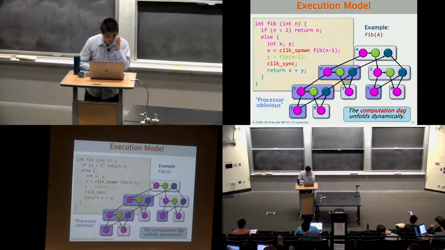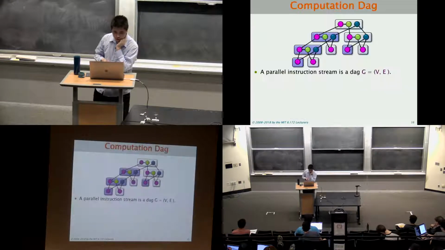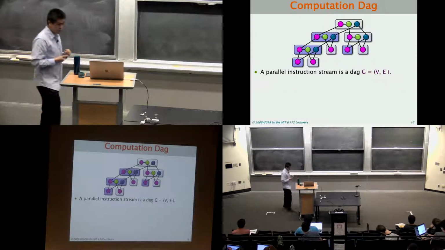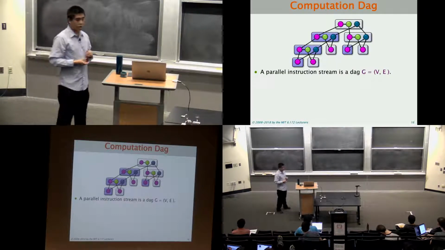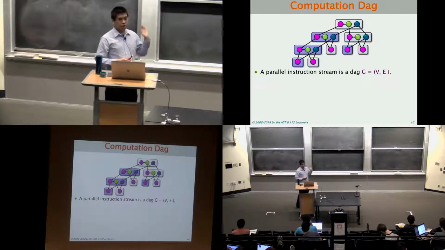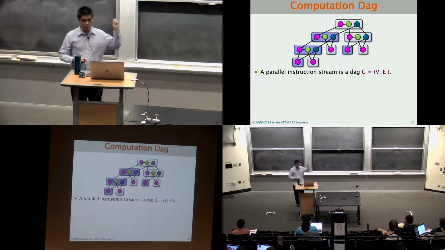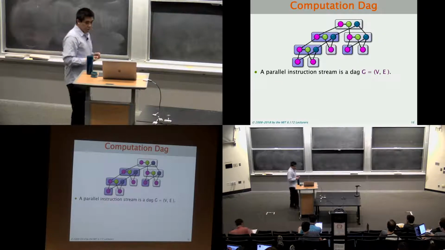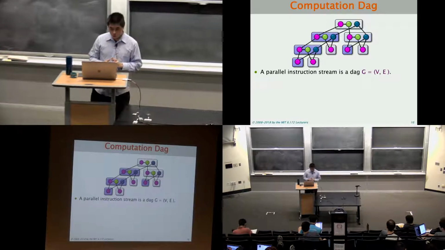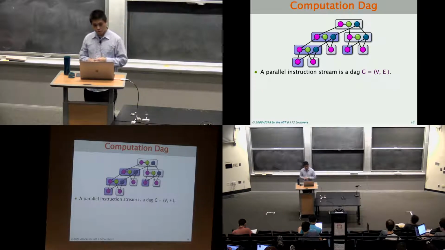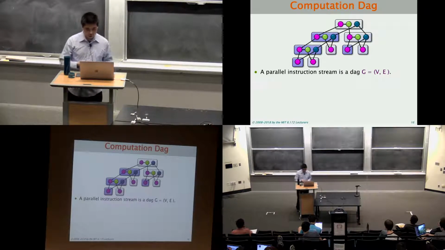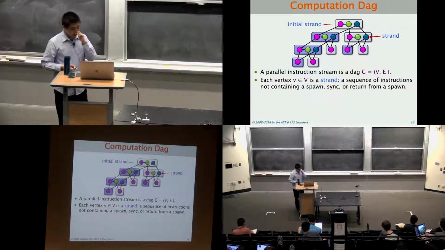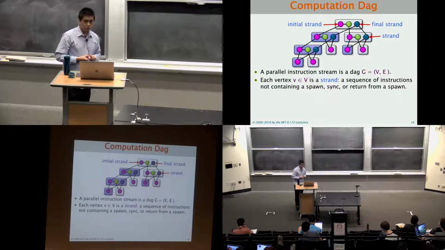I'm actually going to formally define some terms on the next slide so that we can formalize the notion of a computation DAG. DAG stands for directed acyclic graph, so we call it a computation DAG. A parallel instruction stream is a DAG G with vertices V and edges E. Each vertex in this DAG corresponds to a strand.